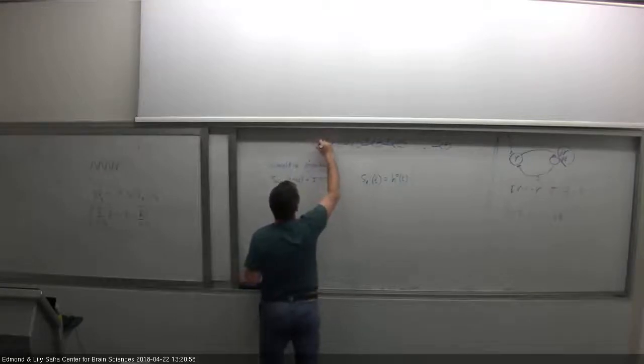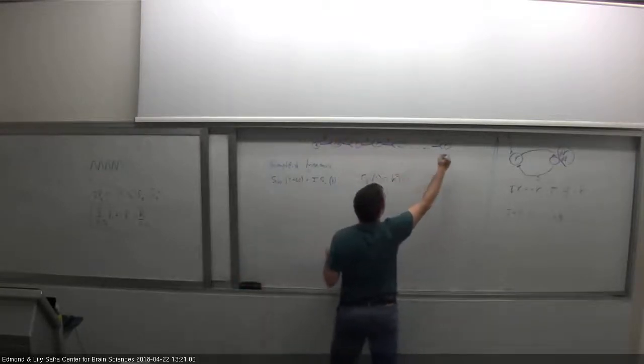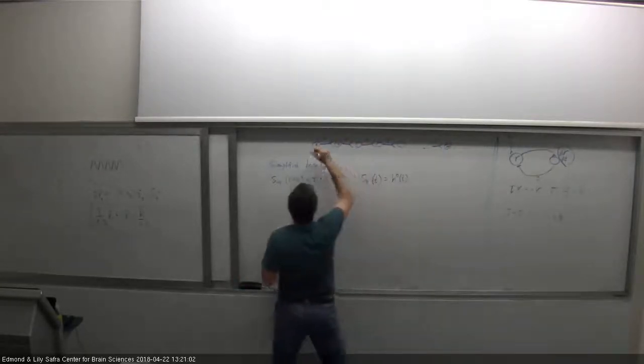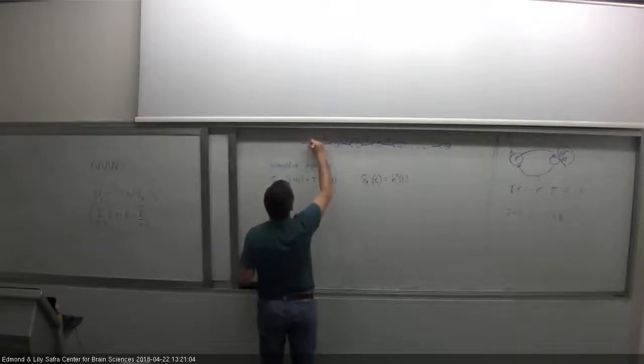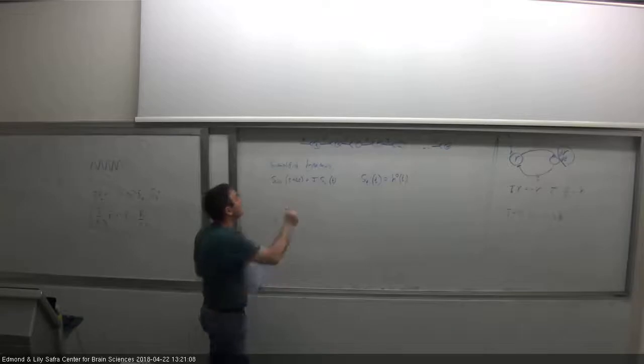So this will be neuron 1, 2, this will be neuron N, and there's also external input to this neuron.